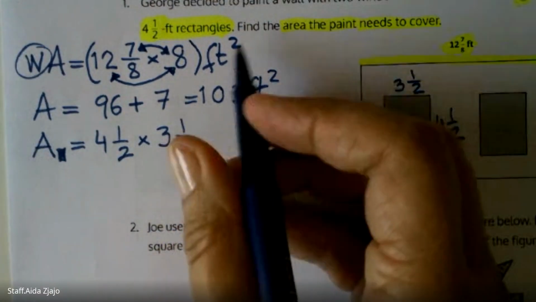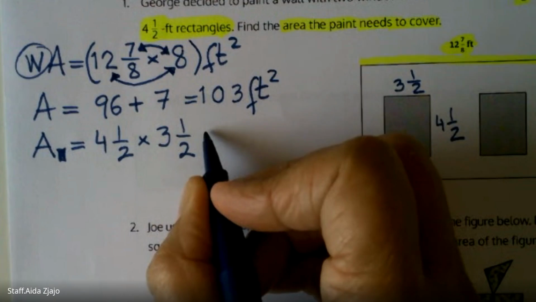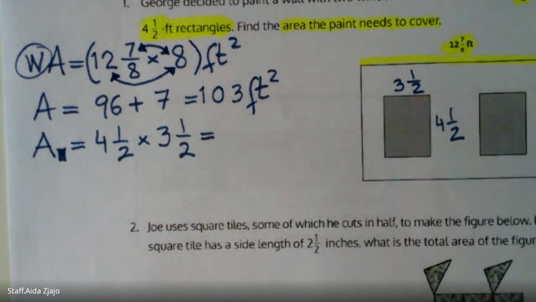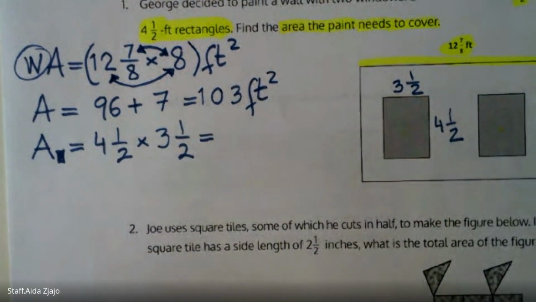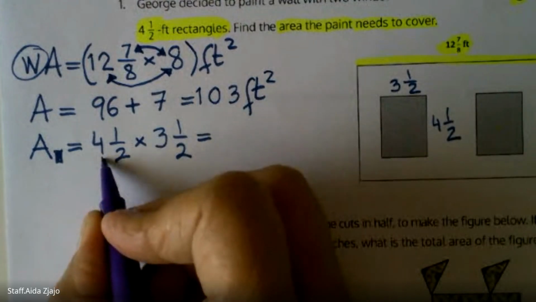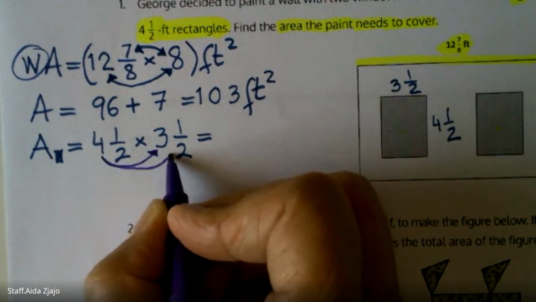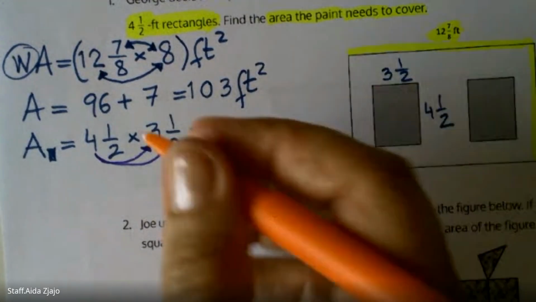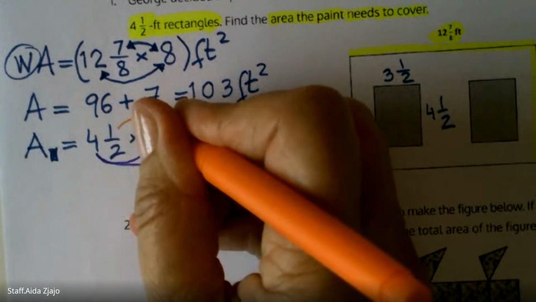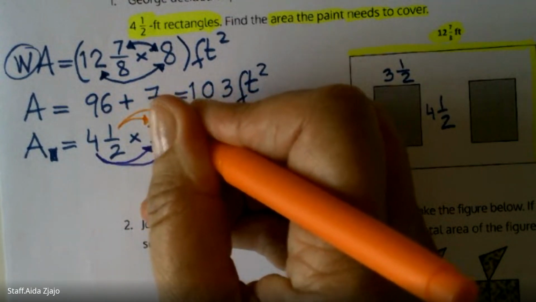Also, it's square feet. Let's use the same strategy, the distributive property. I'm going to use different colors so you can see. I need to do 4 times 3, 4 times 1/2, 1/2 times 3, and 1/2 times 1/2.